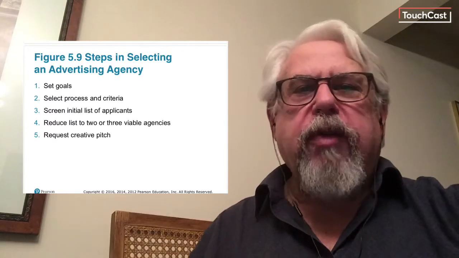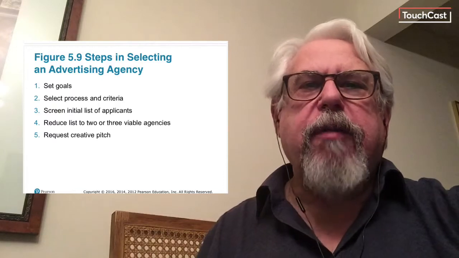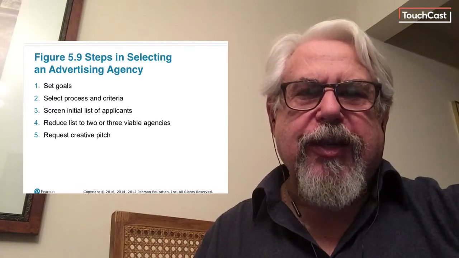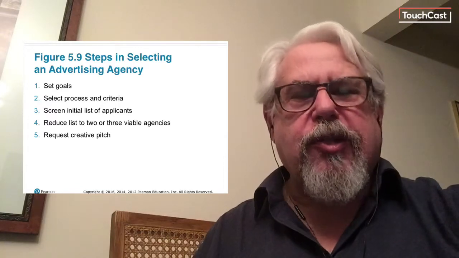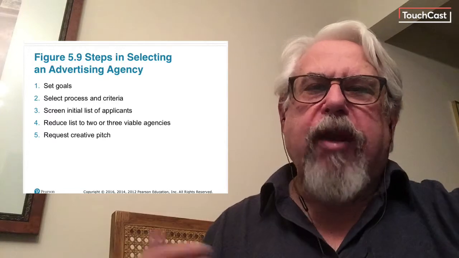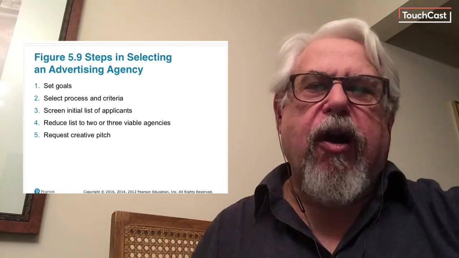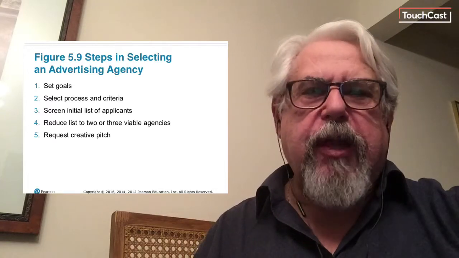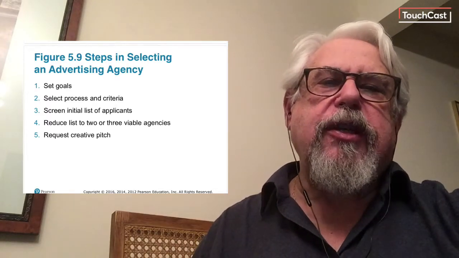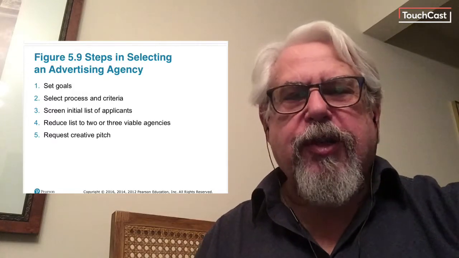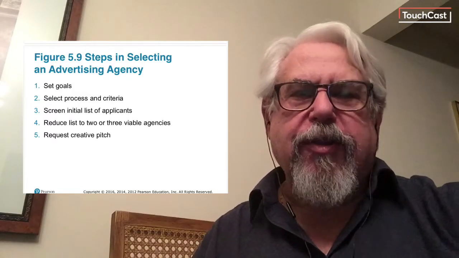So what will be the process, the criteria by which we will evaluate these different ad agencies? How will we discern which is the right one for us? We're going to put out a call, usually called a request for proposals, or RFP, and different agencies will submit their proposals for how they will handle our particular account and our campaign.